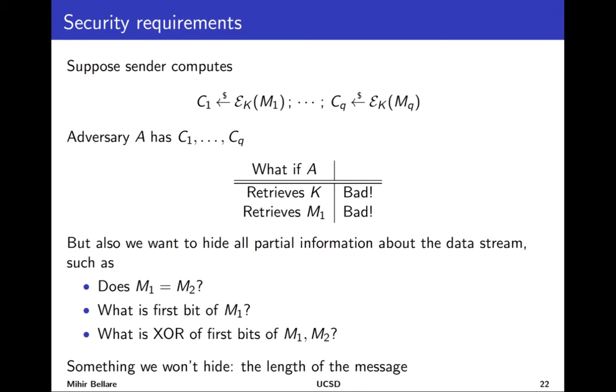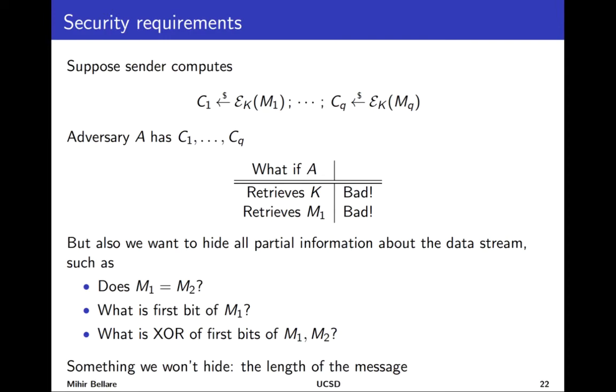It could get even more subtle. What if an adversary says, I can figure out the sum XOR of the first bits of M1 and M2. Should we care or not? And the answer again is that yes, we should care, not just because we could think of some application where it mattered, but because good encryption really shouldn't reveal anything about the message.